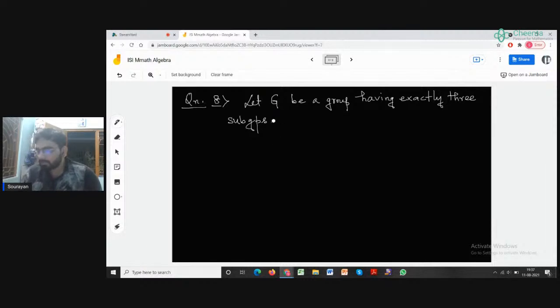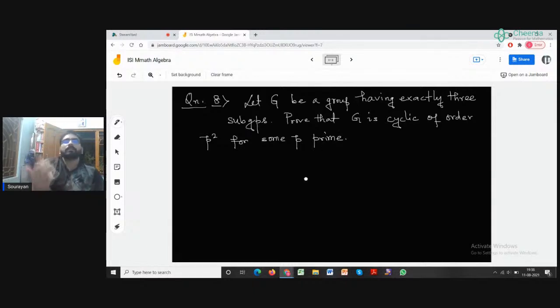Then prove that G is cyclic of order p square for some prime p.